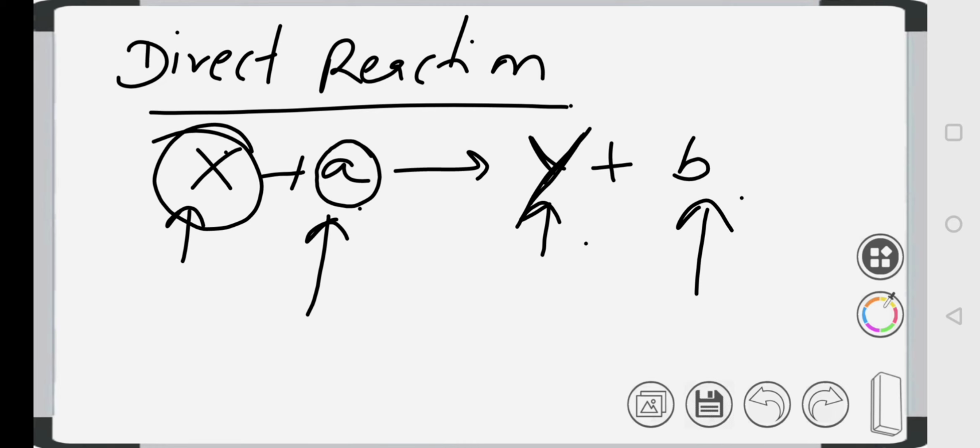So direct reaction is when the energy of incident particle is very high, and it immediately picks up a number of nucleons from the target particle, and the outgoing particle and a daughter nuclei are left out.